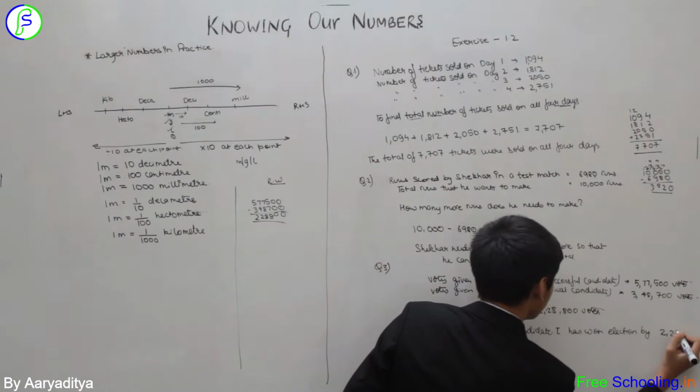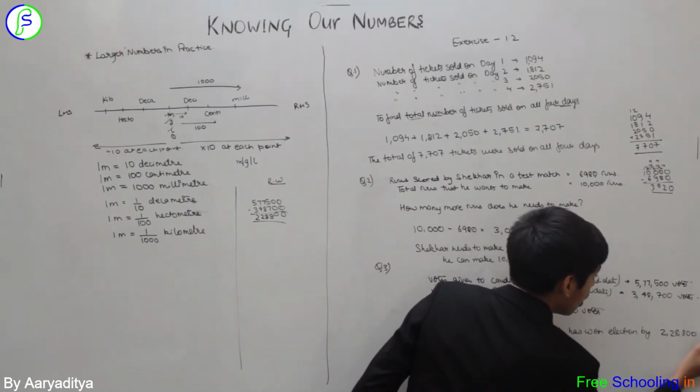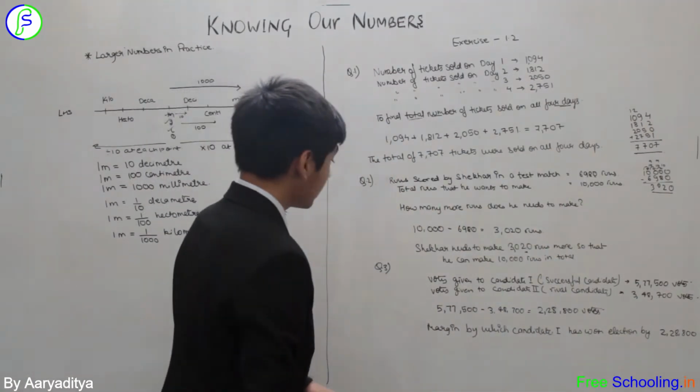We got 228,800 votes. Hope you all have understood this one. Now, let's proceed to question number 4.